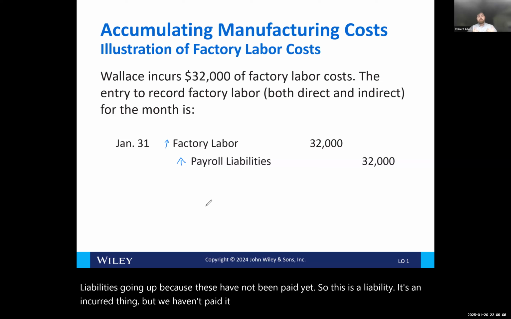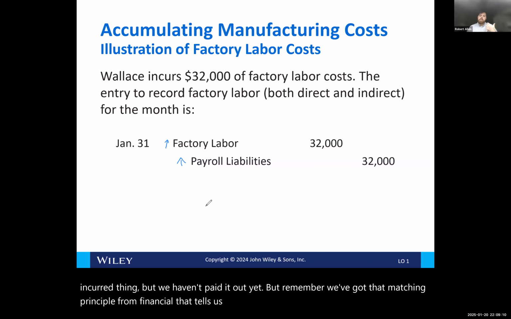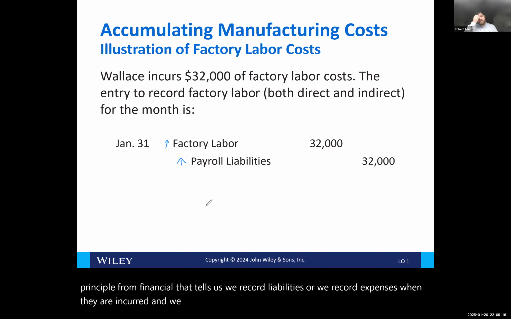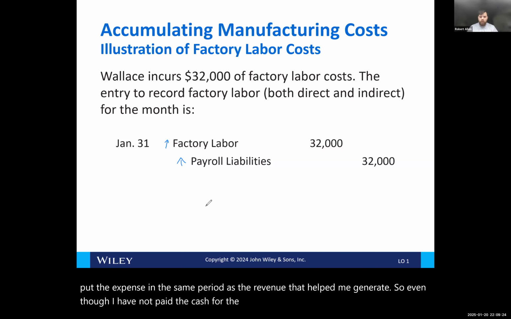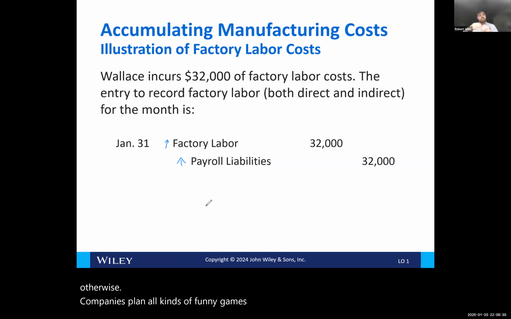But remember, we've got that matching principle from financial that tells us we record expenses when they are incurred, and we record revenue when it is earned. So in this case, we have to put the expense in the same period as the revenue it helped me generate. So even though I have not paid the cash for the labor yet, I still have to record that now, right? Otherwise, we'd have companies playing all kinds of funny games at the end of the year, deferring payments and bumping up income.